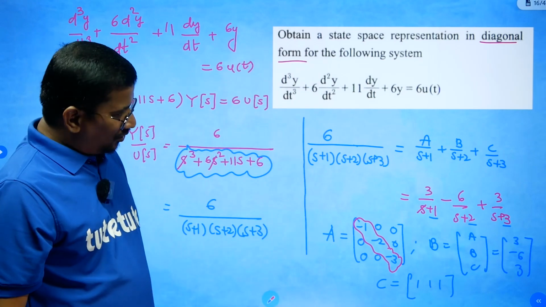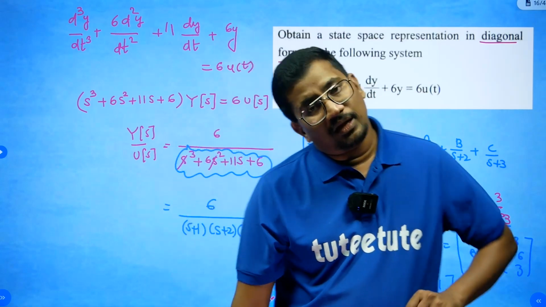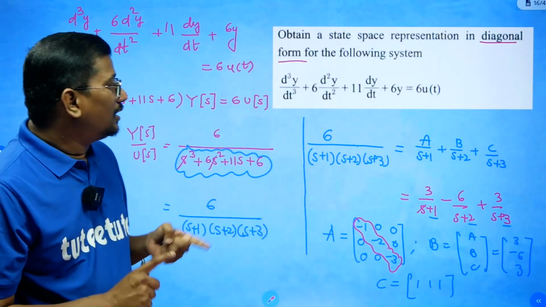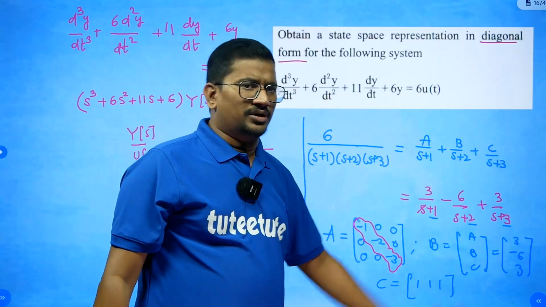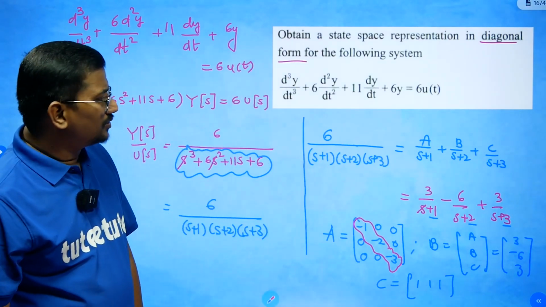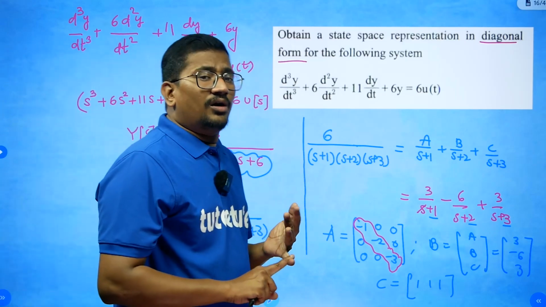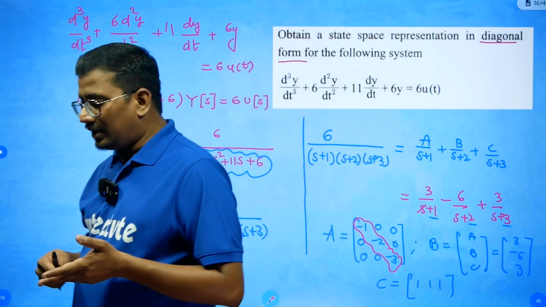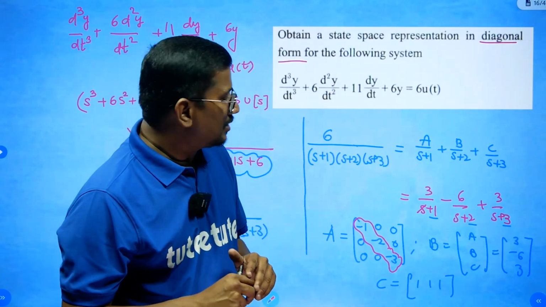Okay. So observe very carefully. In diagonal form there are basically 3 models. The first model is where you get a simple form, with no repeated poles coming into the picture. For that, this is the straight method. There is another method for multiple poles, or you can say repeated roots. If you have repeated roots, the problem comes again into the picture.